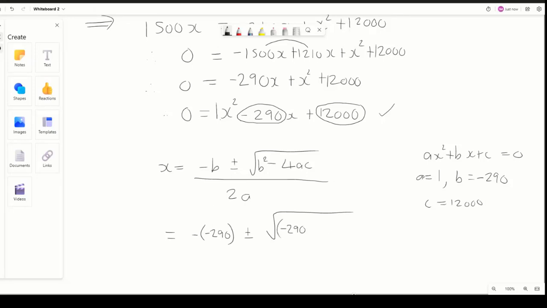I think here they allow for calculators because it's modeling, with mathematical modeling, it's normally what they call numerical work. Okay, so minus 4, a is 1, c is 12,000, all divided by 2.